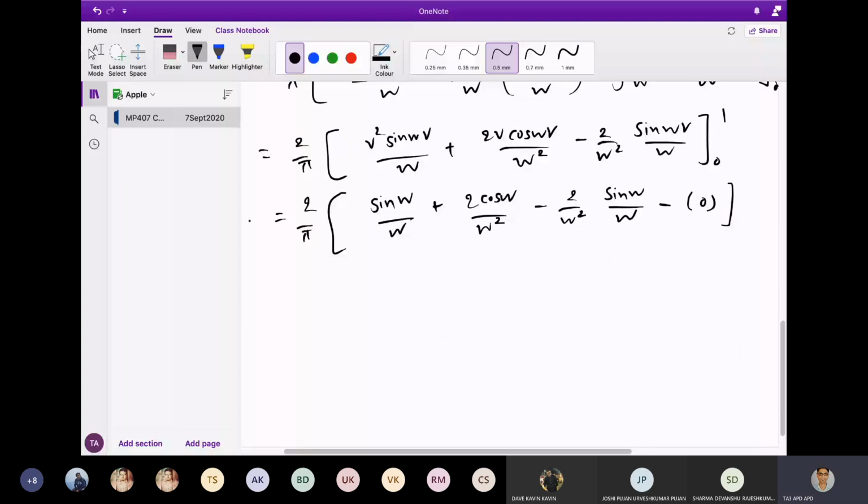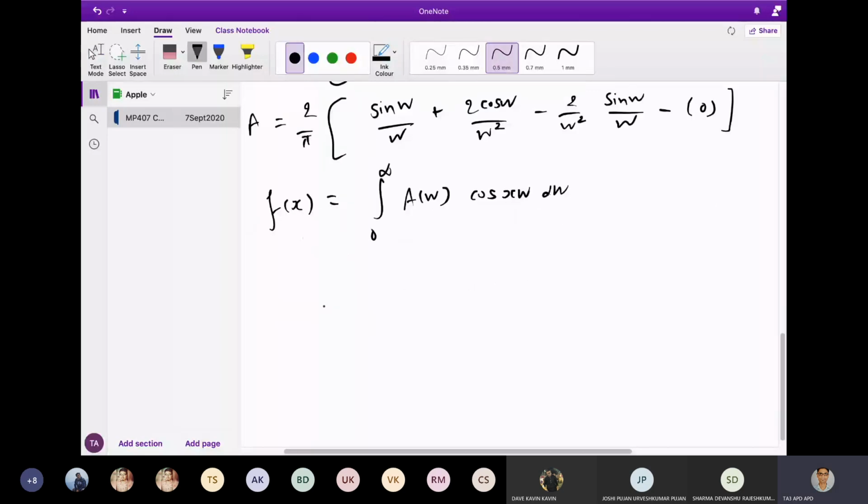You can just simplify this. I'm not writing the whole term, and then you just simply plug it into your Fourier cosine integral, f of x equal to integral 0 to infinity a of cos x w dw. So you just substitute the coefficients, and you will multiply it with cos wx.